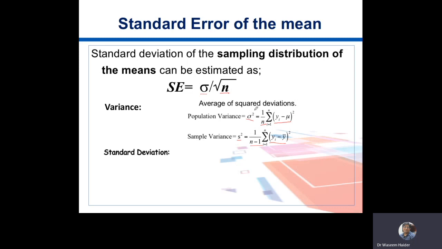Since this is the average of squared deviations and it's a squared thing, we calculate its square root, and the resultant thing is the standard deviation. Sigma for population and S for samples.